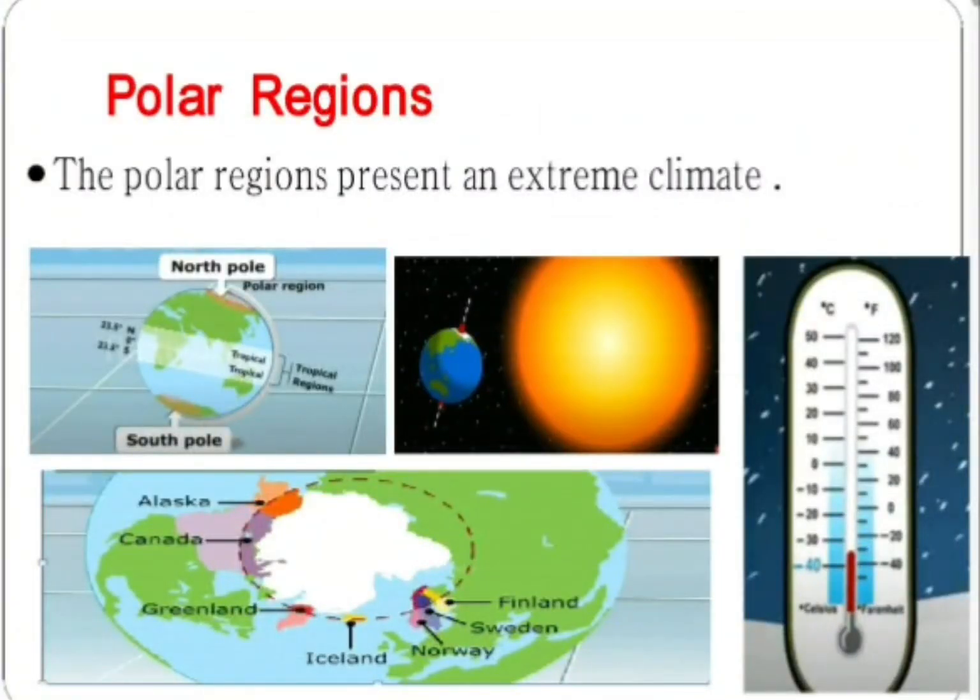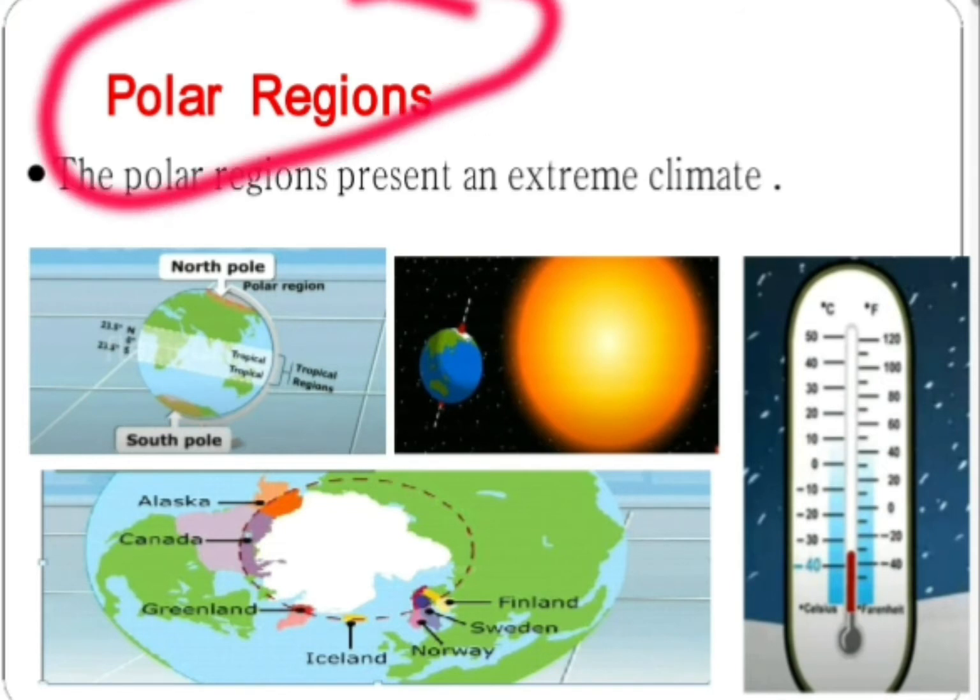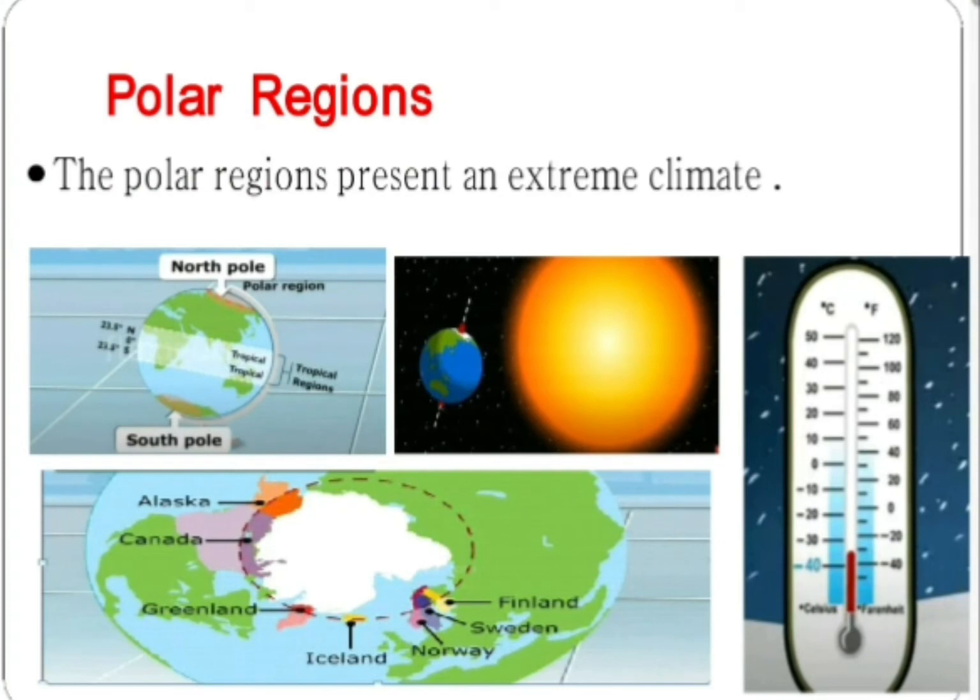As examples of adaptations of animals to climatic conditions, we discuss only animals living in polar regions and tropical rainforest. Now, first, adaptations in polar regions.